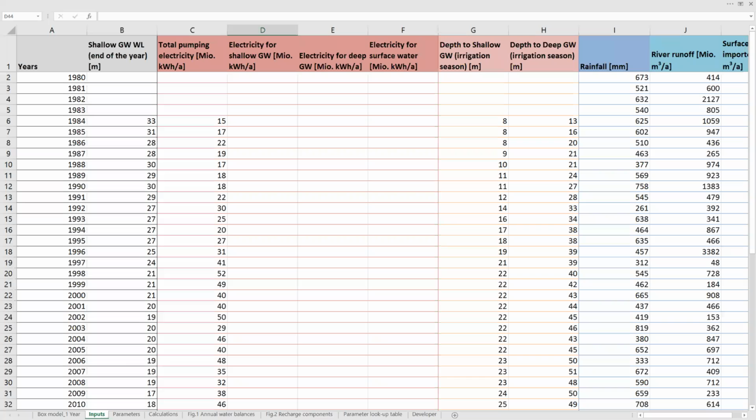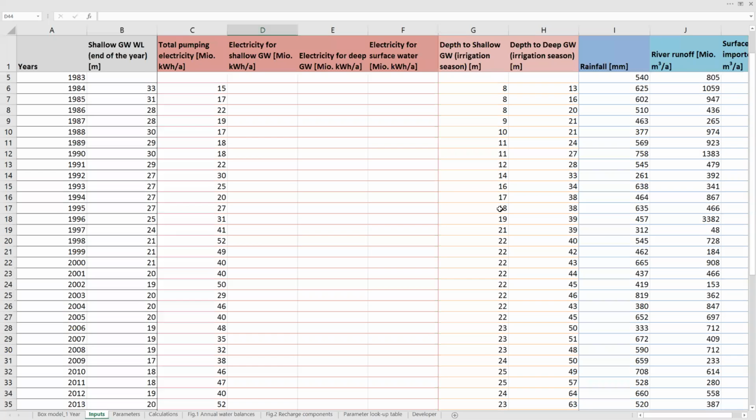data. Now you need the historical multi-year model. The input is in this input tab, and all these inputs are similar to the 1 year model. The only difference is you also need to give the depth to shallow groundwater in irrigation seasons to estimate the conversion factor in history.